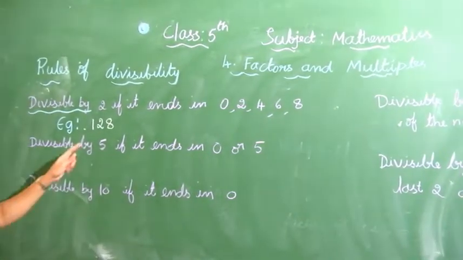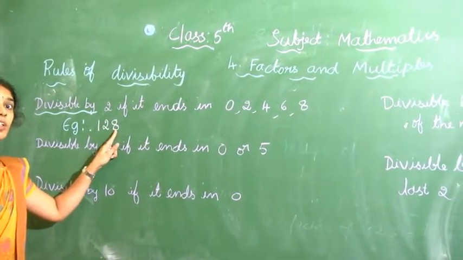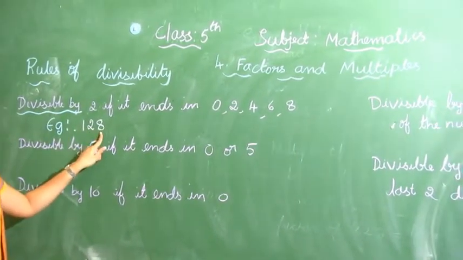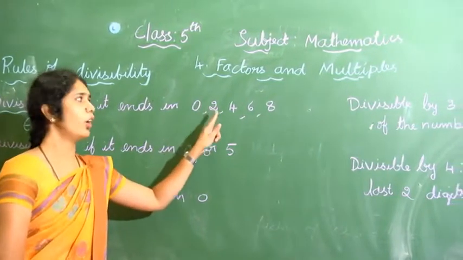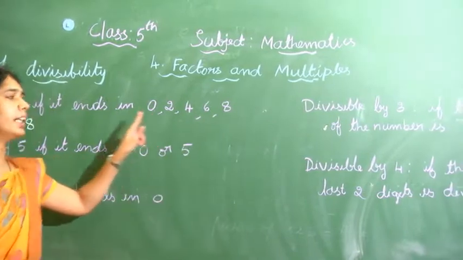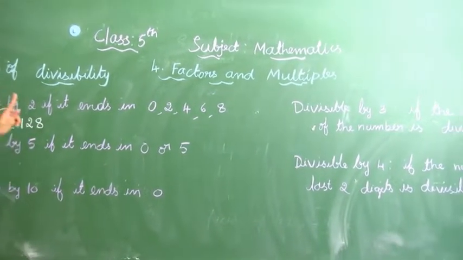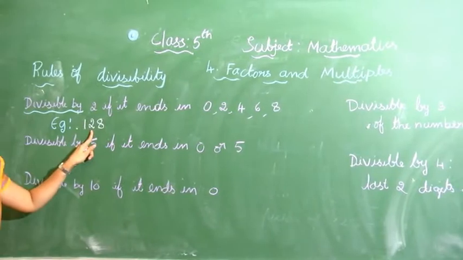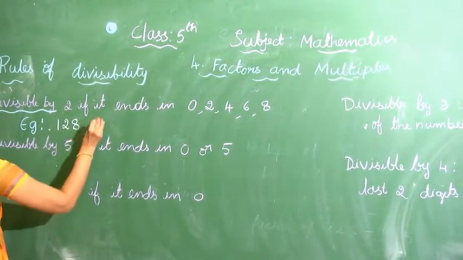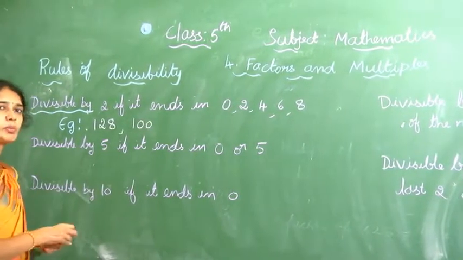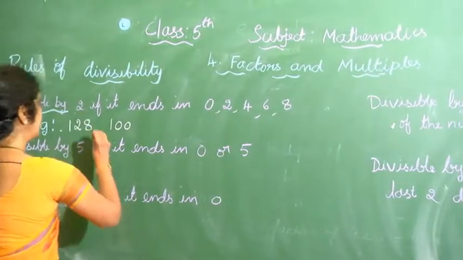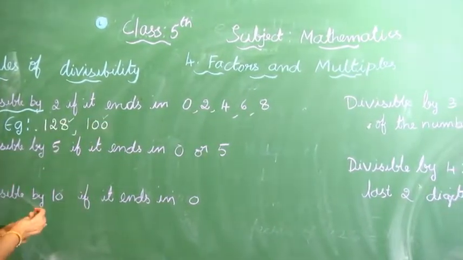See here, the last digit, the unit place digit, is 8. If the unit place digit is 0 or 2 or 4 or 6 or 8, then that number will be divisible by 2. This full number is divisible by 2 because it ends with 8. And 100 is also divisible by 2. Why? Unit place digit is 0. These two are divisible by 2.